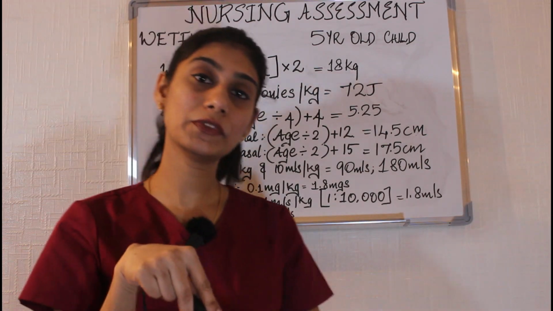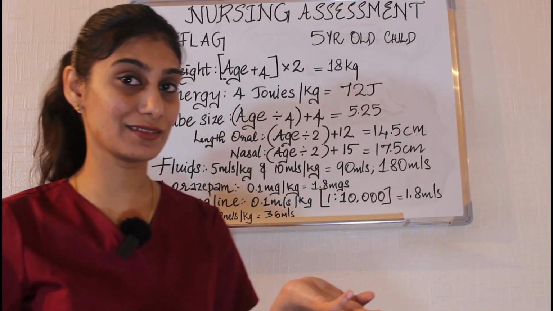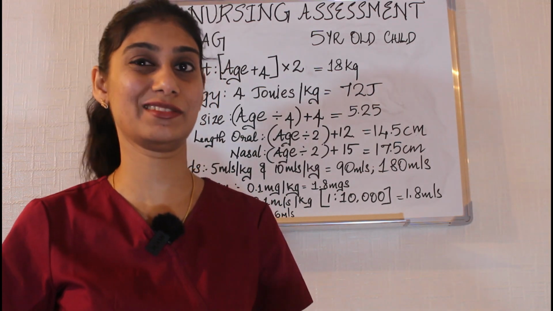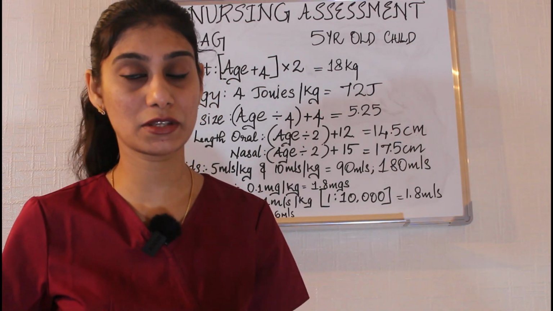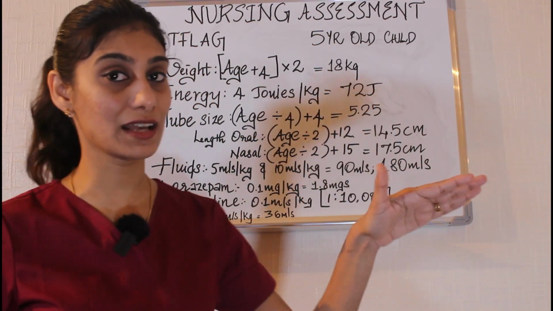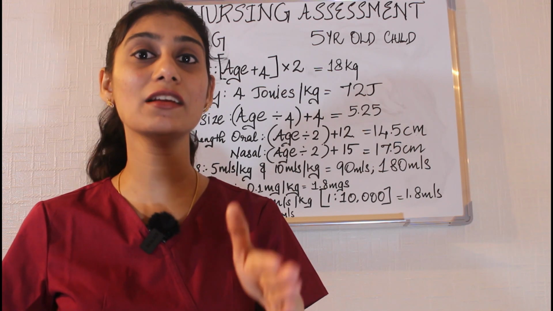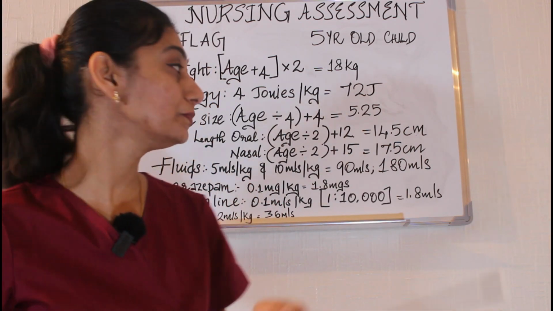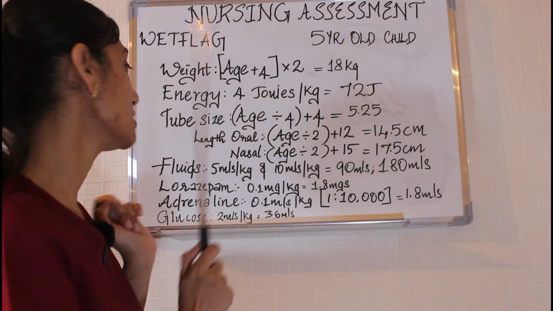I already told you that if we get a 5.25 tube size, we might not have a 5.25 tube. So we have to get an up size and a down size and an approximate size. We don't have the approximate size, so we go for 5 and a 4.5 and a 6 size. So 4.5, 5 and 5.5 size tubes, the up size and down size of this measurement.